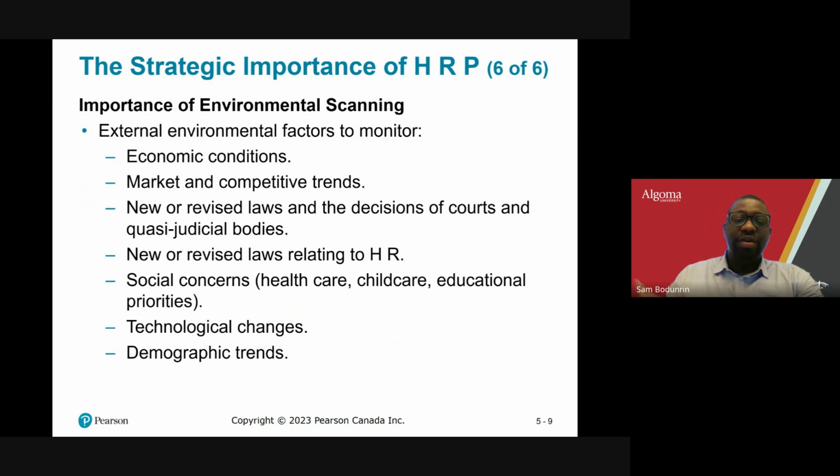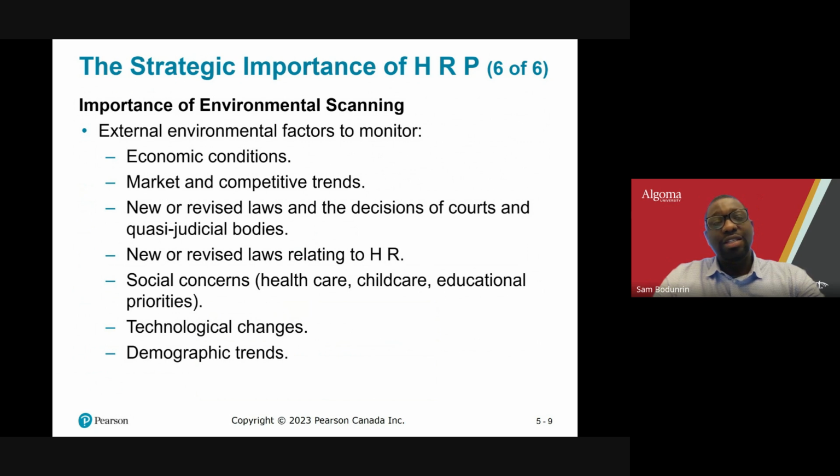Some of the external environmental factors include economic conditions, inflation, and unemployment rates. All of these are part of economic factors. Then there are competitive market trends and new laws, which fall under legal: laws on immigration, laws on minimum wage, and all of this. You can't hire people below the minimum wage. For example, I'm talking from Ontario, and our minimum wage is 17.20 as of today.